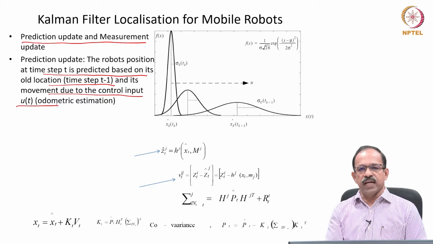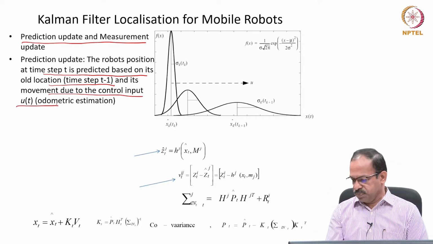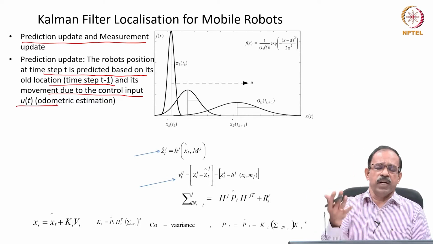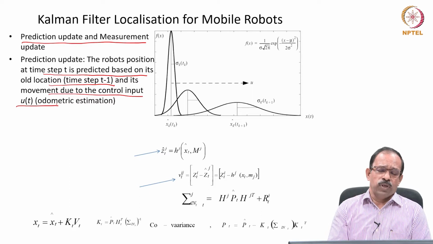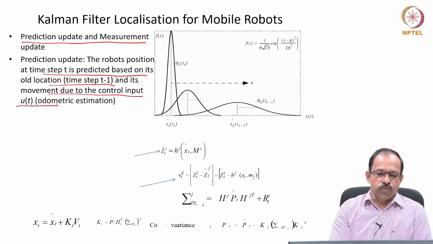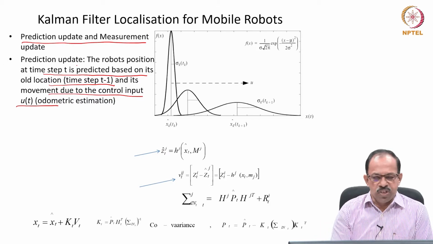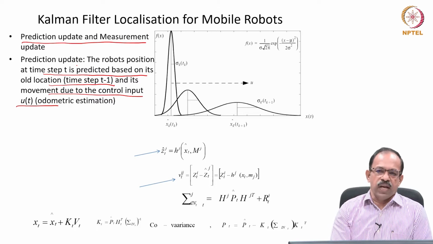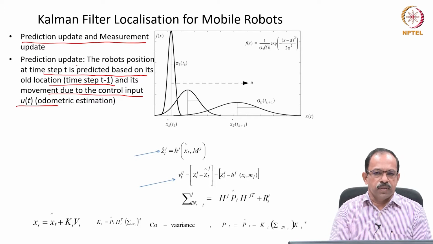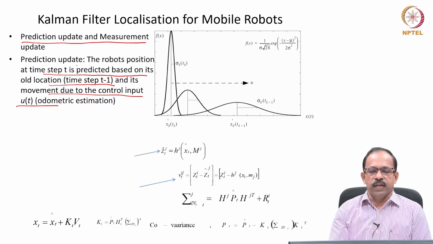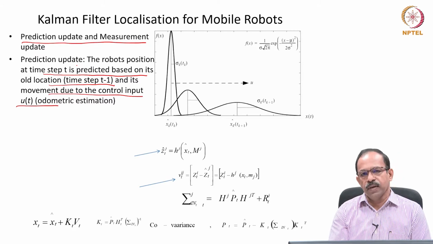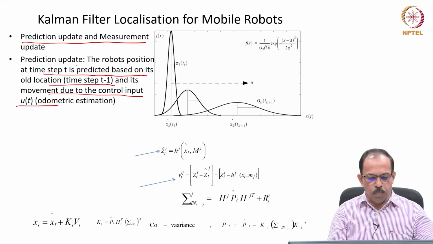This can be done using the control input, if you know the kinematics of the robot, and using the error propagation law we get the new predicted position, xt hat, and the covariance Pt.